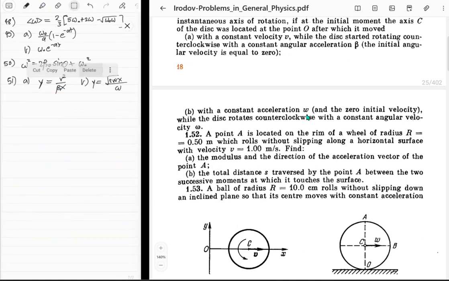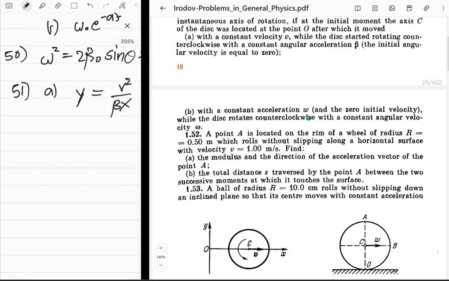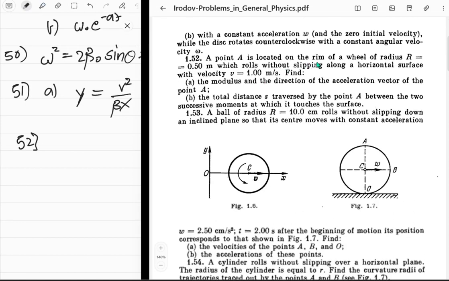To the next question, 52. A point A is located on the rim of a wheel of radius r is equal to 0.5, which rolls without slipping along a horizontal surface with velocity v is equal to 100 meter per second.